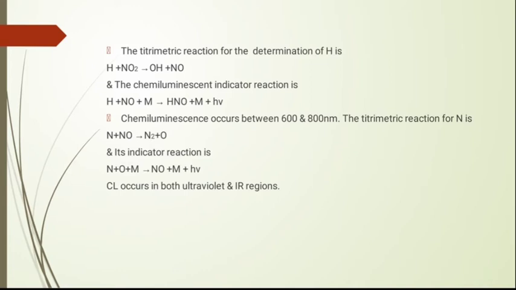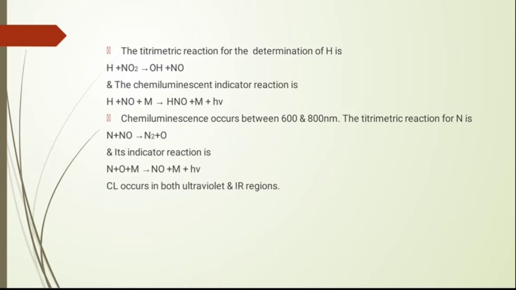Same as oxygen, hydrogen initially reacts with NO2, H plus NO2, forming OH plus NO. The chemiluminescent indicator reaction is H plus NO. This is a product formed in the reaction, and initially we have taken hydrogen, that means H plus NO plus M. Obviously NO is the active agent, M is a metallic reagent, and there is a formation of HNO, with the metal remaining as it is, and some amount of light is emitted, that means chemiluminescence is observed there.